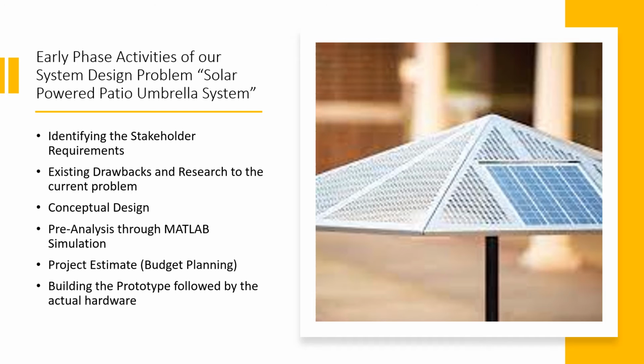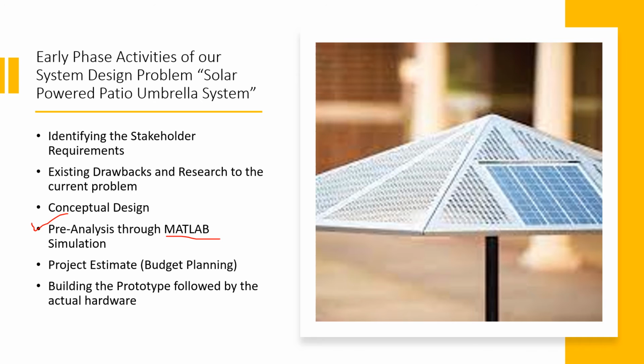And we need to look back at the existing drawbacks, that is the research on the current problem. Then comes our conceptual design, followed by the pre-analysis through MATLAB simulation. So here we have considered the pre-analysis, that is testing of the proposed design before implementing it in real-time hardware through MATLAB simulation, because a simulation will give an estimate on an approximate basis whether it will withstand the real-time conditions, so that it can be applied to the real world.